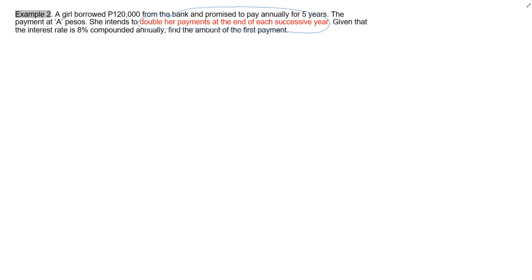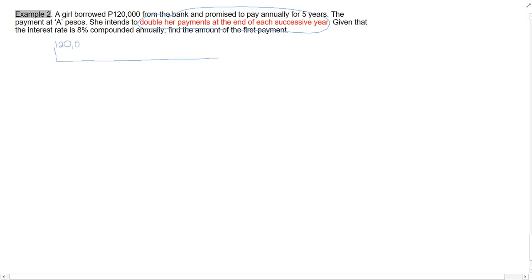So we are asked to have the present worth for that. If we are going to write the timeline, this is the borrowed amount, that is 120,000. In the first year, that is just your first payment, A. For the second year, that is A multiplied by 2, since that is doubled, or we can write that as A multiplied by 1 plus x.